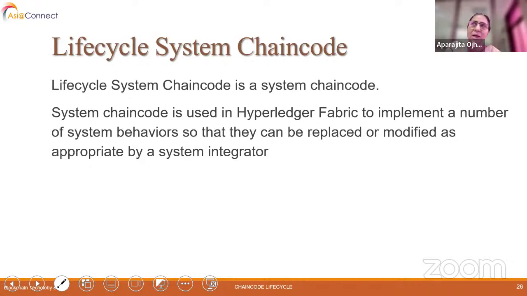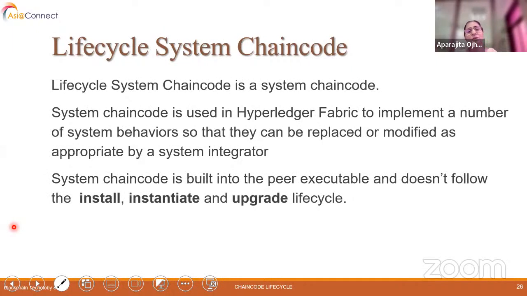So suppose there are 5 organizations running their business on a Fabric network, and they think that something requires to be changed, or some operation needs to be added. Accordingly, those things are implemented, depending upon the agreement of different members on the network.